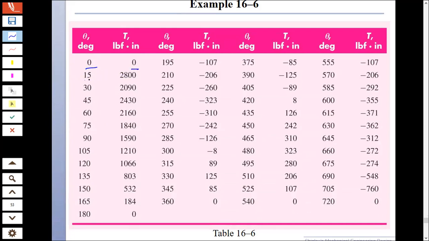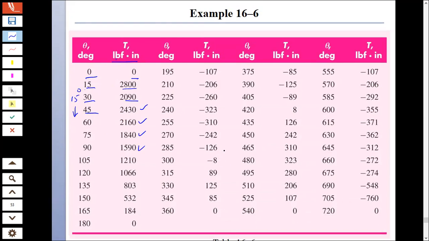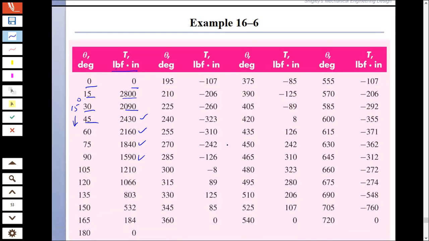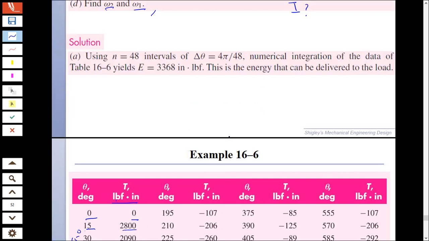Initially the torque is 0, at 15 degrees it is 2800 pound inch, at 30 degrees, 20, 90, 45. So this is with an increment of 15 degrees. And it lists all these values, right? So basically you can go ahead and find the mean of these at the interval of 15 degrees.